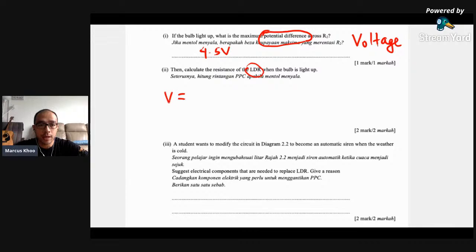Okay, it should be V equals R1 over R1 plus R2, or V1 now, times the maximum voltage. So in our case here, since we want to calculate the resistance of the LDR, 1 refers to everything that has to do with the LDR. So what is the voltage in the LDR?